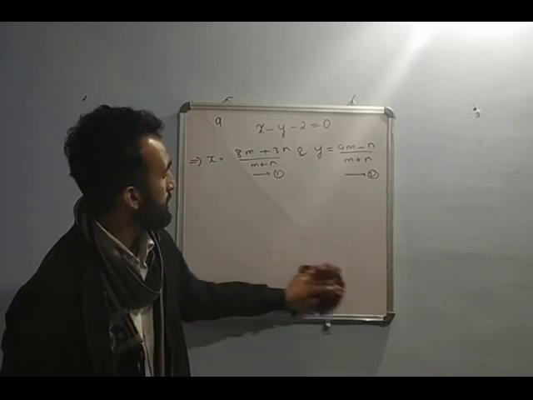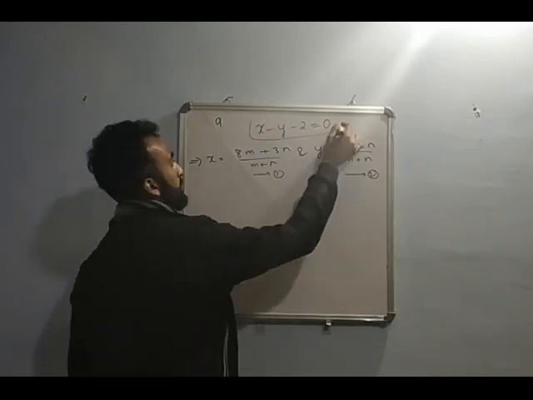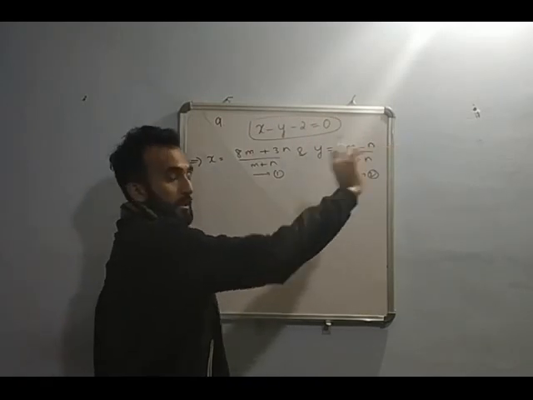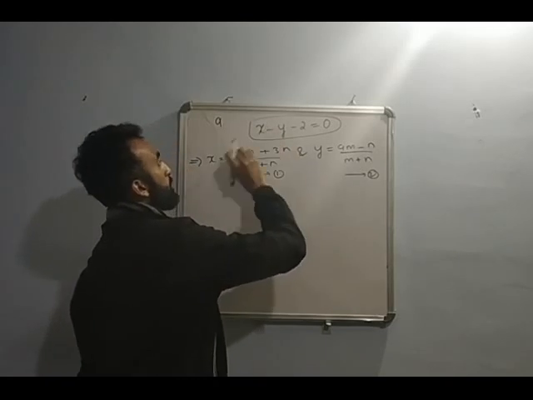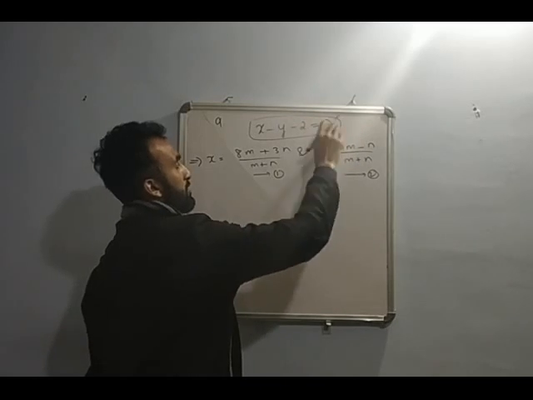Now, what we'll do? We'll take help of the line. This is the line which divides the join of AB, the join of 2 points. So, x value I'll put this, and in place of y I'll put this. I'll solve this.